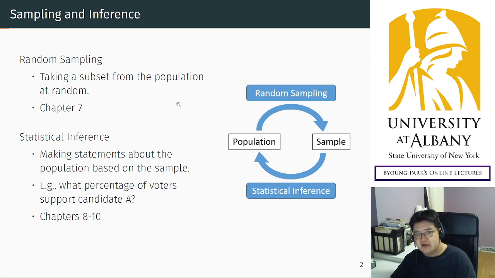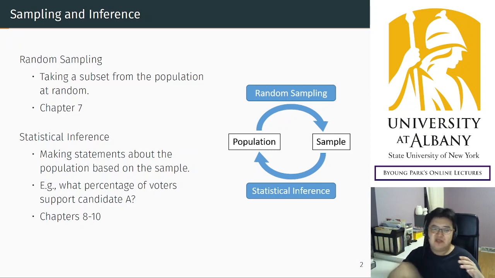And in the previous chapter, we learned random sampling. That is how the sample is generated from the population. Random sampling is taking a subset from the population at random. At random implies two assumptions, which we will take as granted in this course.